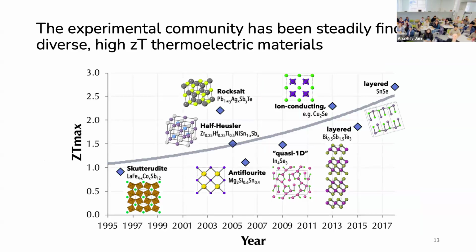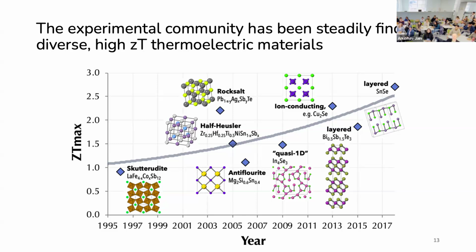Okay. So we've steadily been finding more and more materials that have thermoelectric properties, and ZT is the metric you use to look at the figure of merit for the efficiency of a thermoelectric. Over the years, experimentalists have been finding more and more high ZT thermoelectric materials. One of the interesting things about this field is that you can get lots of different types of crystal structures.